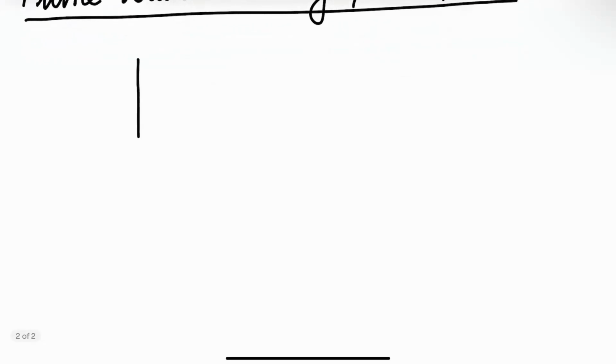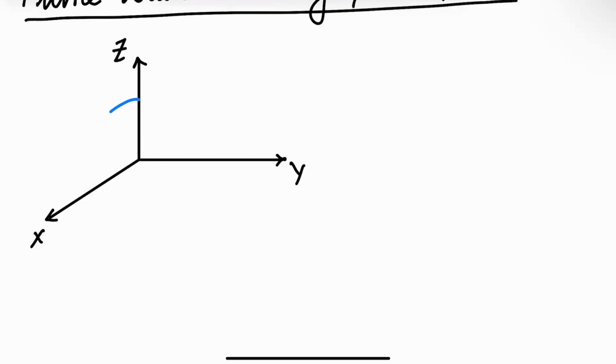We have a scattering problem whose geometry is like this. So we have X, Y, and this should be Y rather. And we'll call this Z. And we have this sphere here, centered at this coordinate system.